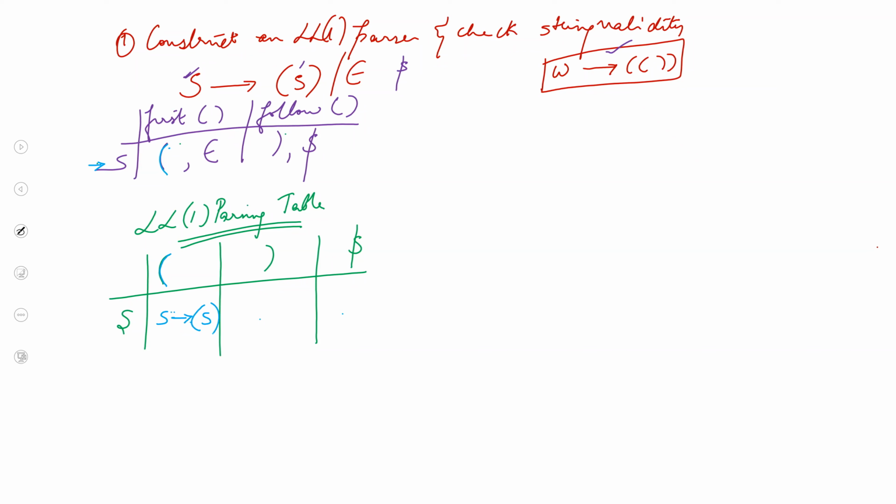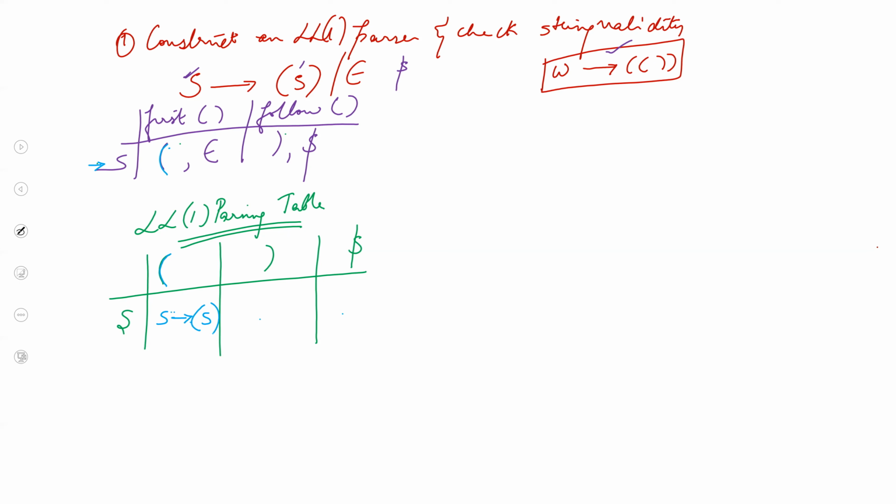So you have finished what you have written in the opening bracket. Now you have to write things over here in the closing bracket and in the dollar portion. Now the closing bracket and the dollar portion, it comes in the follow.